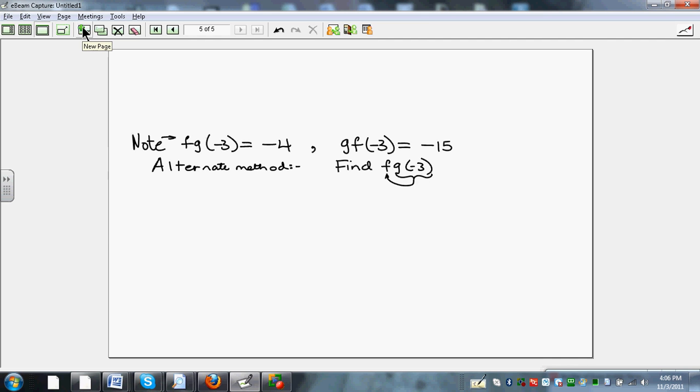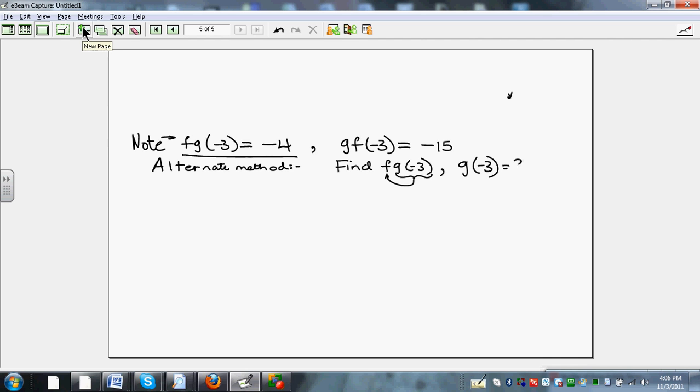fg of minus 3 is the same thing as working out what g of minus 3 is and taking that answer and placing it into f of x. You will get the same answer you got previously when you used the other method. Let's try it and see. Let's work out g of minus 3 first. G of minus 3 means take minus 3 and replace x here in g of x.